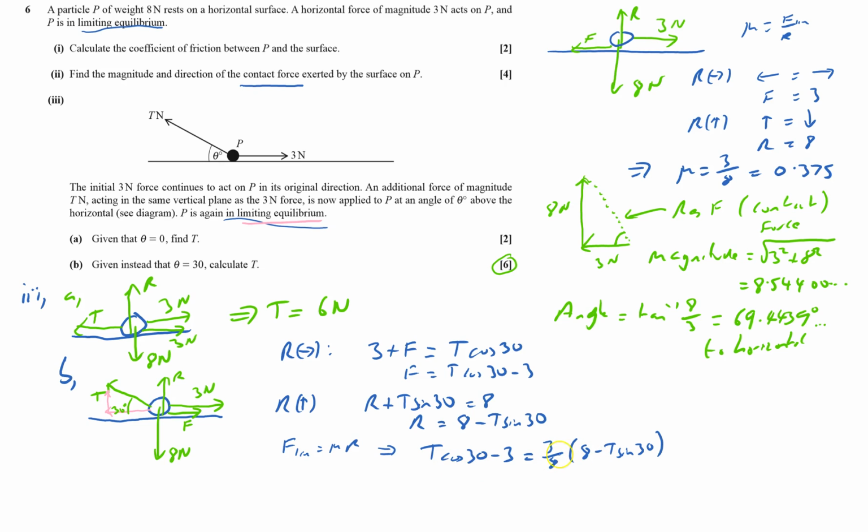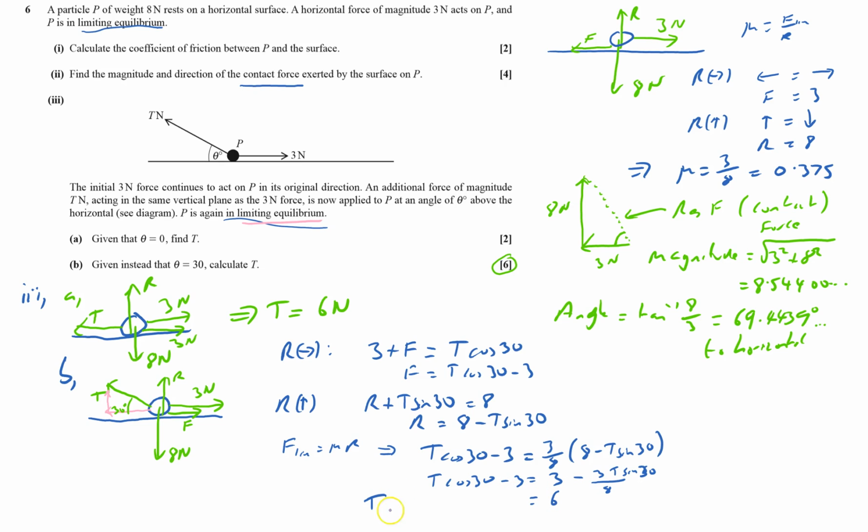Multiply this bit out: T cos 30 minus 3 equals 3 minus 3 T sine 30 over 8. Add that to both sides, and I will get 6 over here.